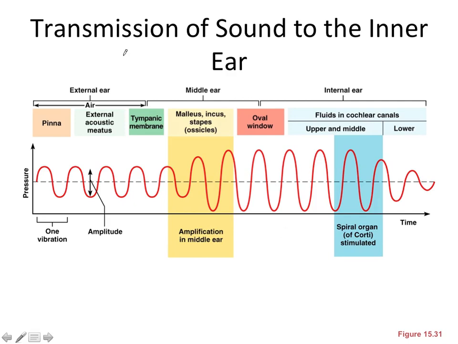Here we can see this is the external ear, and this is air sound. Once air sound hits the tympanic membrane, it will convert the air vibration to the mechanical vibration. We can see the frequency is not changed.